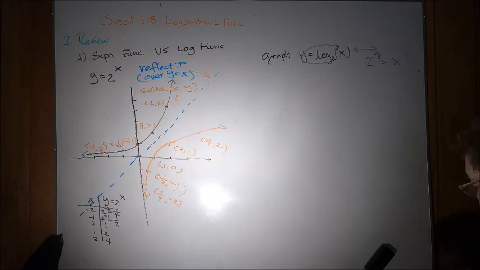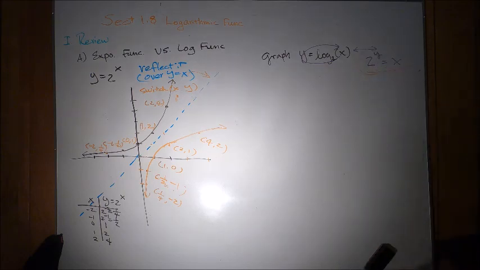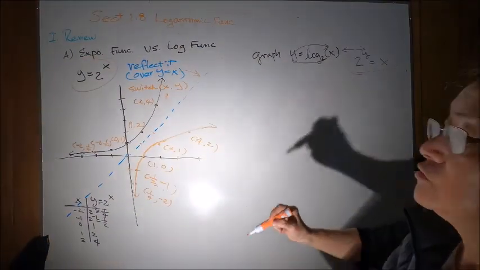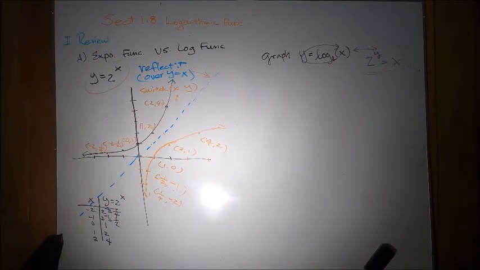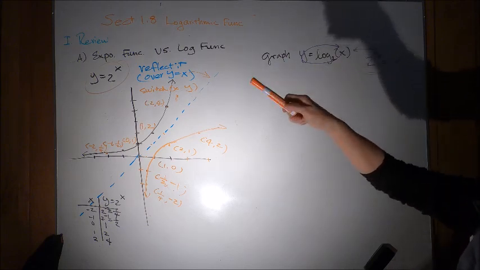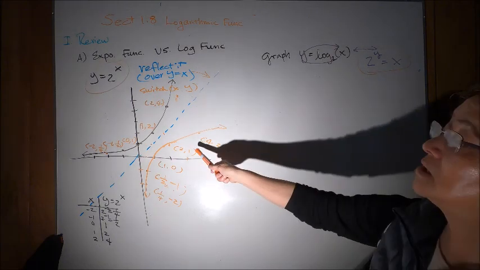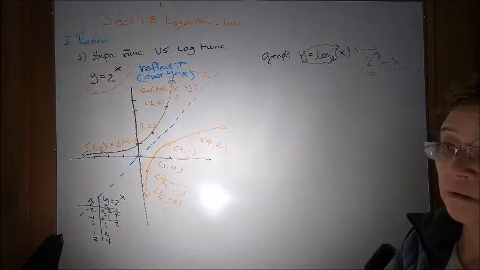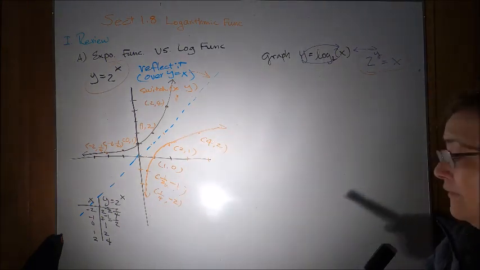You have 2 to the y equals x, and 2 to the x equals y. What happened? x and y switch positions, right? So when x and y switch positions, you will have this graph.